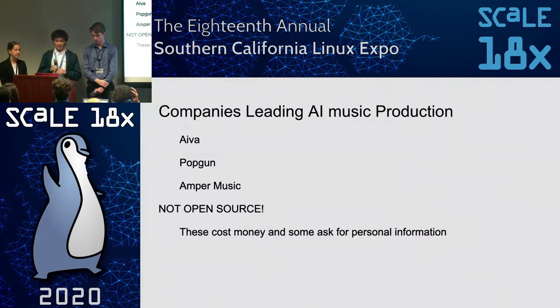So, there are already companies who are using AI to make music. So Ava, Popgun, and Amper Music, while they don't directly create music, they do help in the sense that someone who's making music can install this or purchase it because it's not open source. You have to pay money for this, which is why we don't like them.